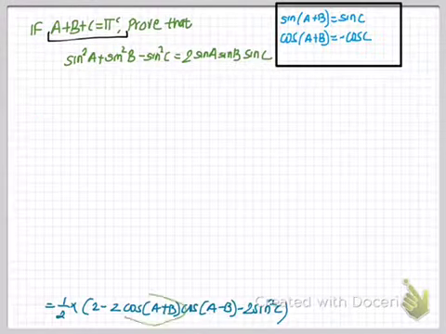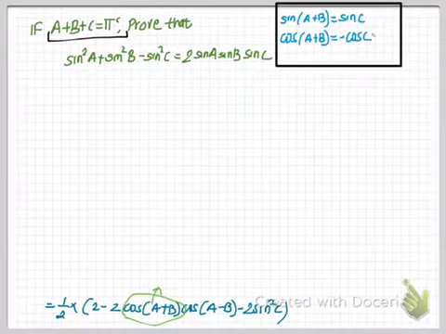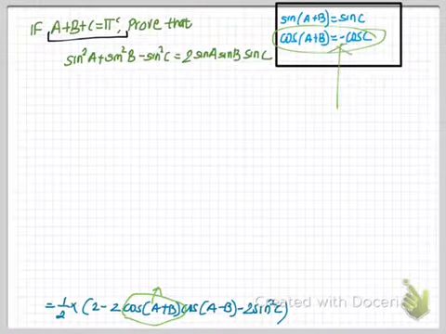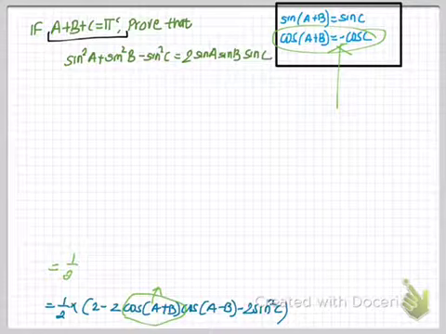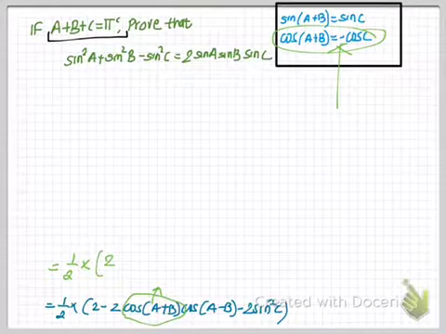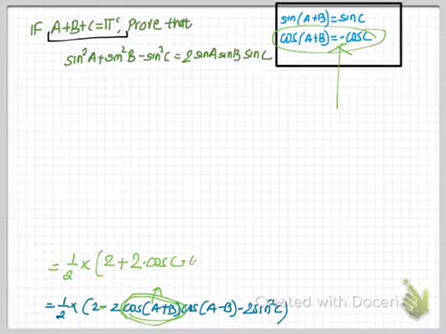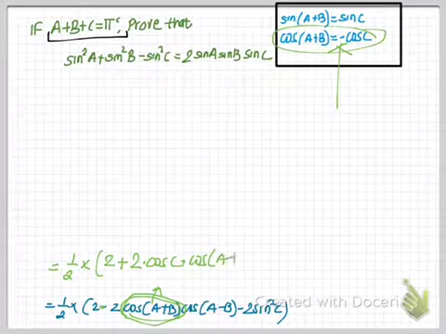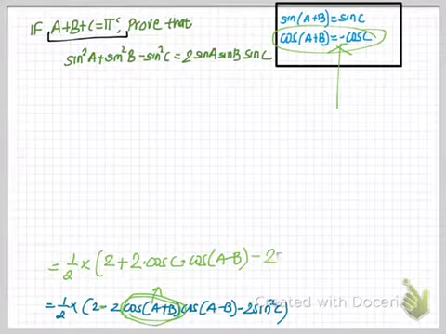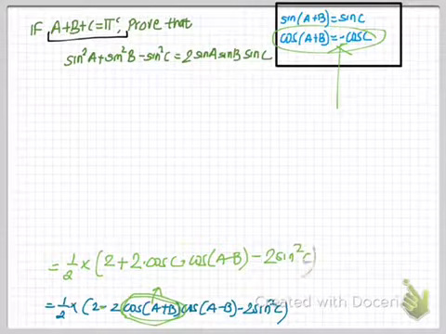Now for cos (A plus B), as we can see over here, I can write minus cos C. So on doing that, we have 2. This minus changes into plus, as we have changed cos (A plus B) in terms of cos C, and cos (A minus B), and finally minus 2 sine squared C.